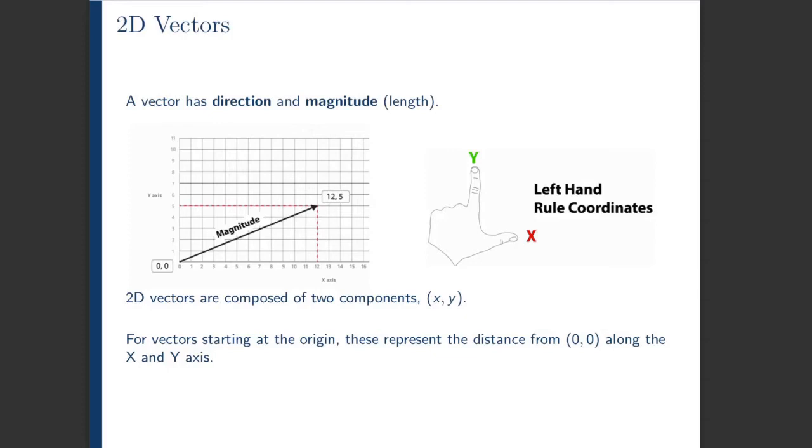Let's remind ourselves of some basic vector concepts starting in 2 dimensions. Recall that a vector is made up of a magnitude and a direction. So in 2 dimensions, we can define this as a pair of components, x and y. And if we imagine the vector starting at the origin, then x and y are basically how far it extends along each of the axes.